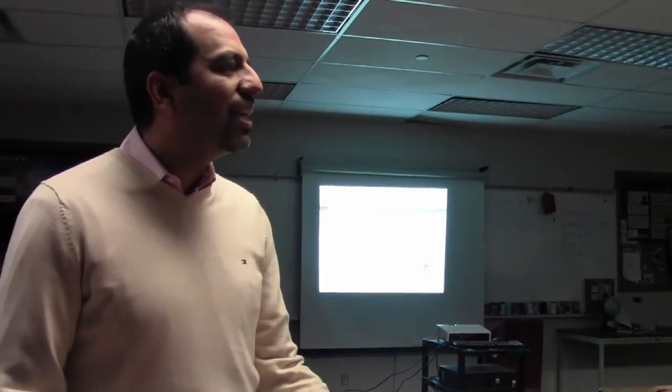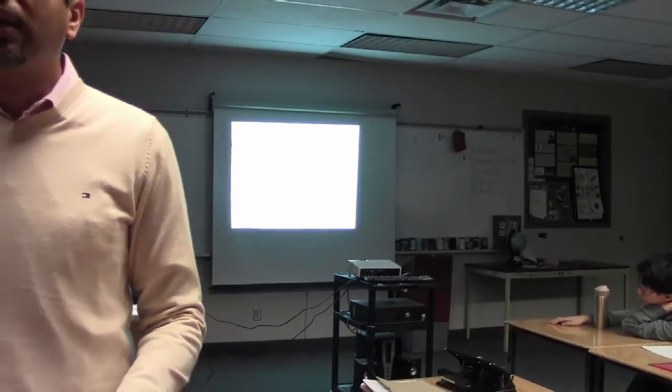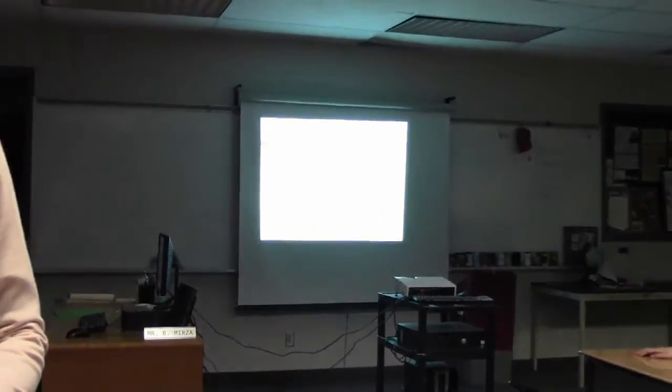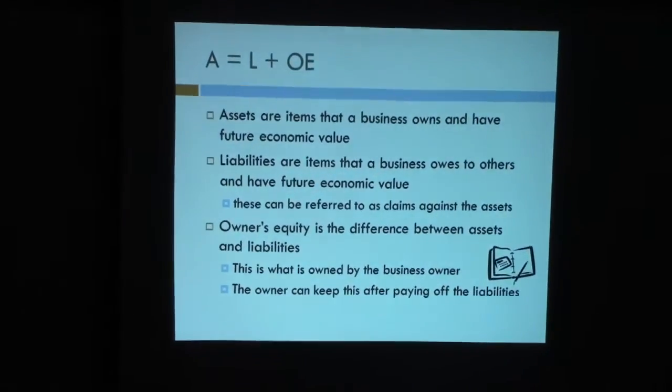So they have to have a value for you to actually put in the balance sheet as an ending balance for that period. You cannot say, this is my asset, yet it has no value. If it has a zero value, then there is nothing to put onto the balance sheet. So they have to have a future economic value.